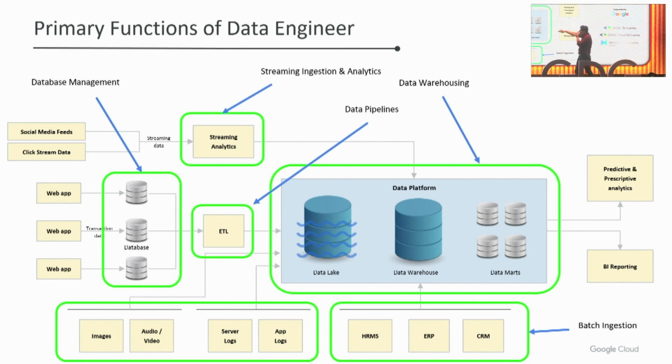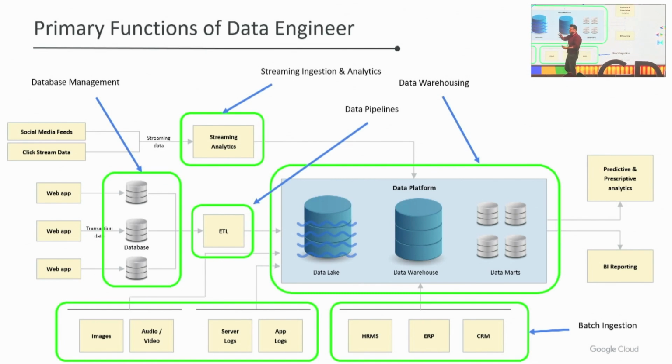The ETL part is called data pipelines. You must have heard somewhere that we are building data pipelines. Those data pipelines are nothing but creating pipelines using ETL tools. Managing the data warehouse, data lake, and data marts is called data warehousing.